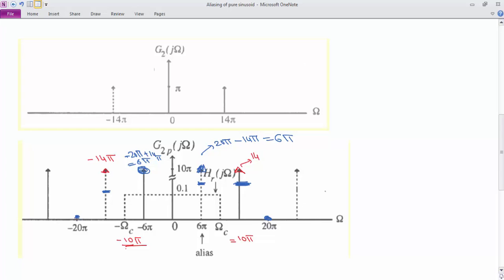Now if I low pass filter this picture, what I get is an impulse at minus 6 pi and an impulse at 6 pi, which corresponds to the 3 Hertz frequency. So the reconstruction of this will actually be cosine of 6 pi t.